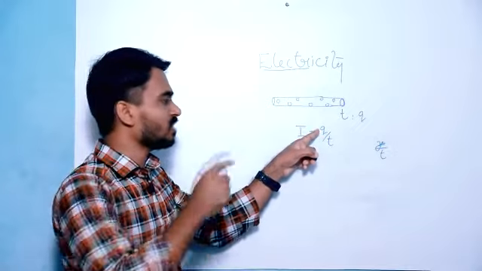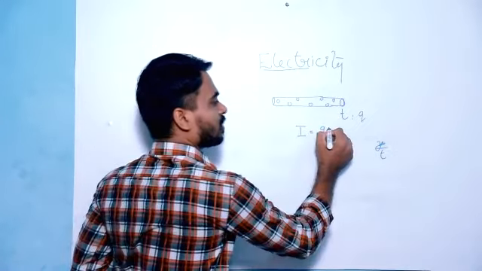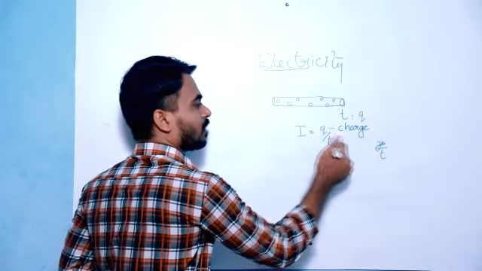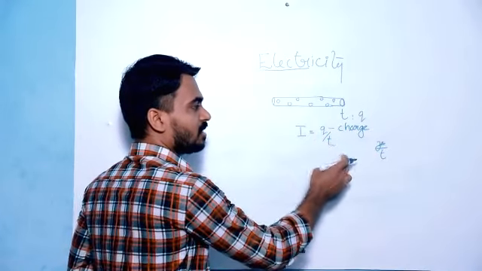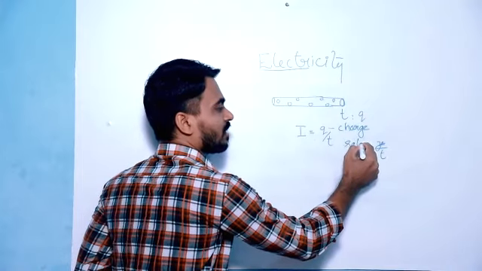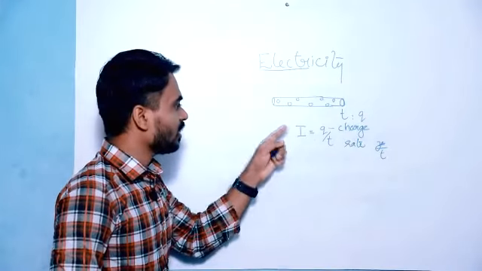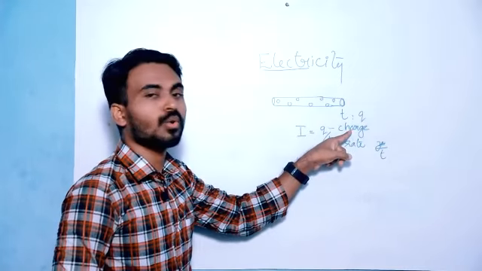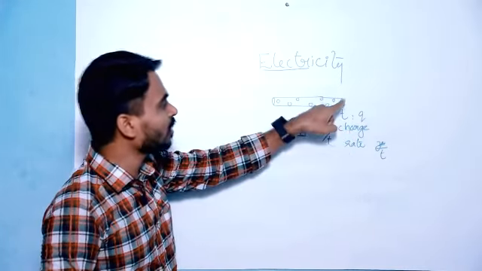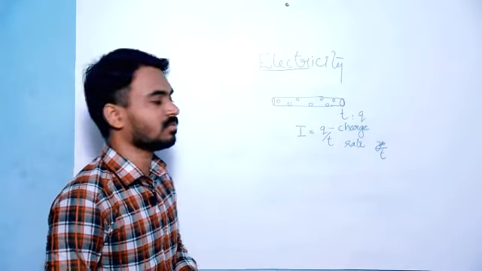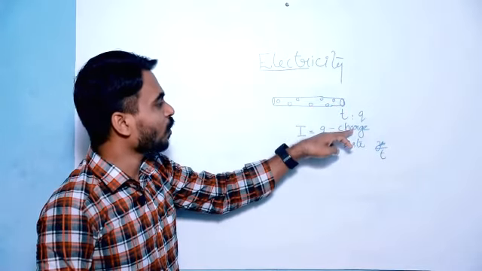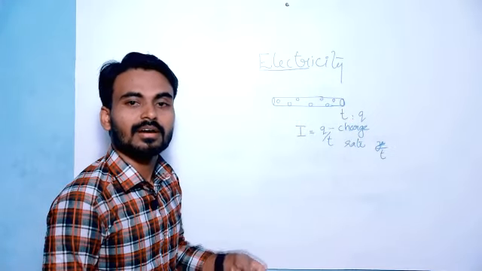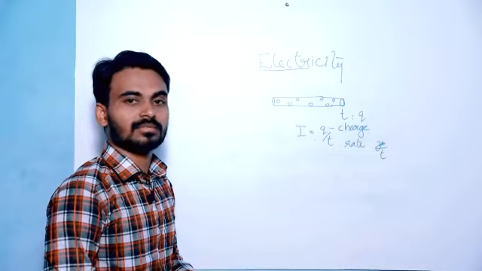Q represents charge, t represents time, and by t represents rate. So we can say current is the rate of flow of charge through a particular cross section. The rate of flow of charge through a particular cross sectional area is called current.